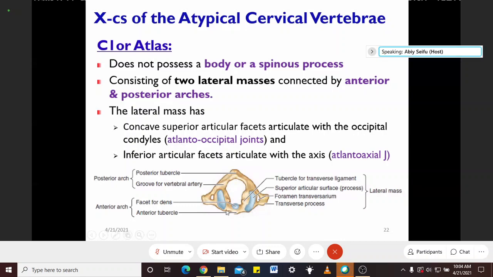There are also tubercles on both the anterior and posterior arch, used for the attachments of muscles and ligaments. As well, there is an additional facet on the interior surface of the anterior arch, used for the articulation of the dens of C2, or odontoid process of C2.